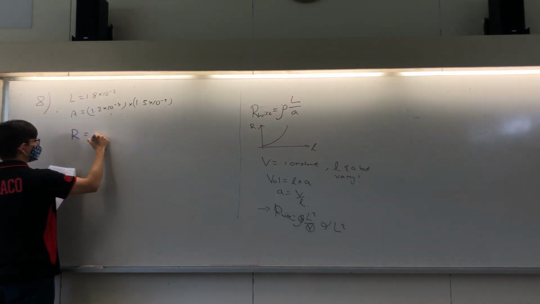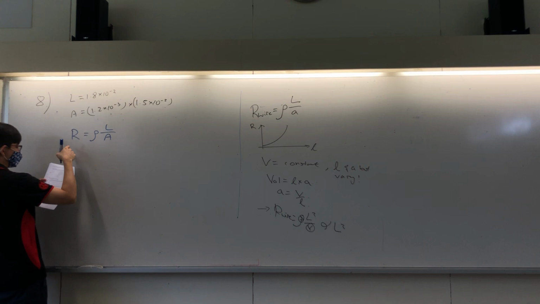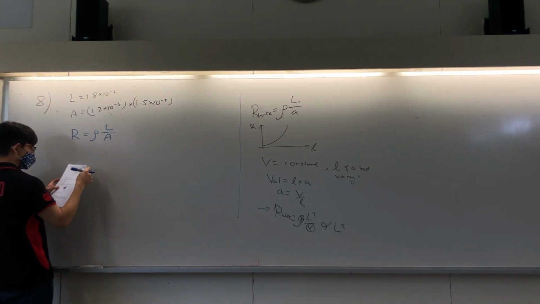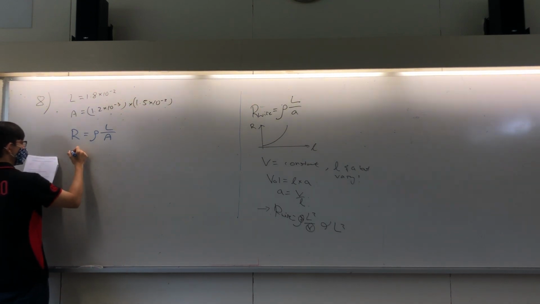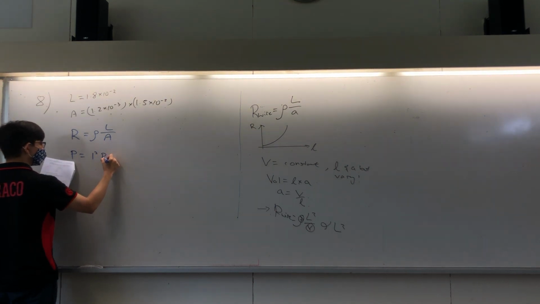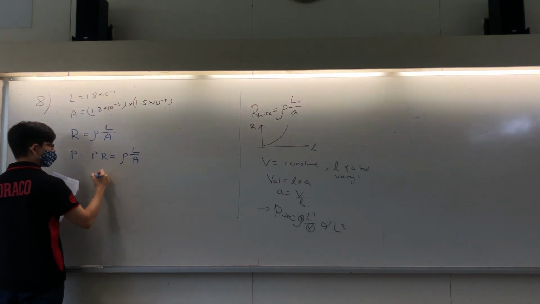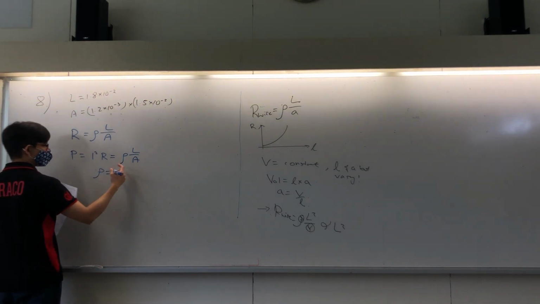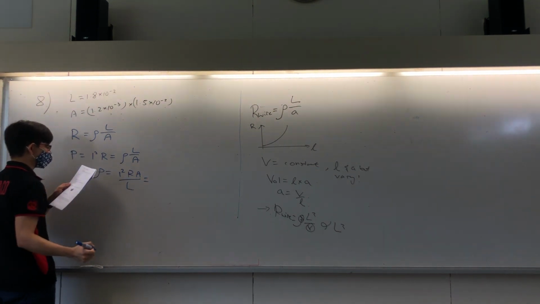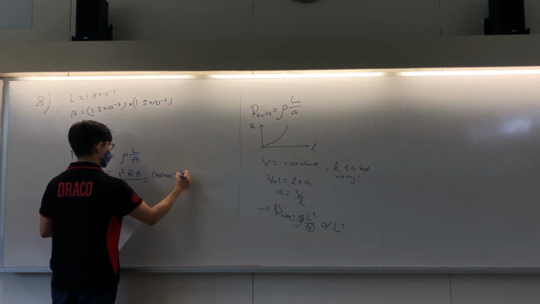So R equals rho L over A. And the question says the slice dissipates 400 milliwatts of heat energy. So power is I squared R. If I want to get rho, I can simply say rho equals I squared R A over L. In this case, the current is 40 milliamps, squared.